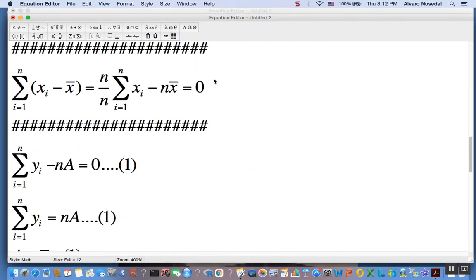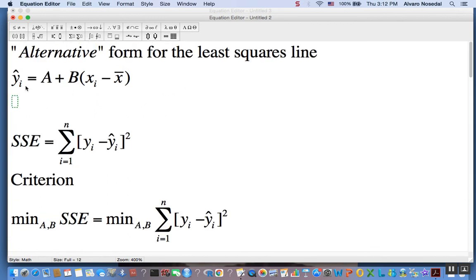Now, let me just make a final comment about that alternative form that we found. It turns out that it's going to be more convenient from a Bayesian perspective to use that alternative form for the least squares regression line. You'll see it. So, we're going to be using this one instead of the original one, the one with a y-intercept, meaning the point where the line crosses the vertical axis at 0.